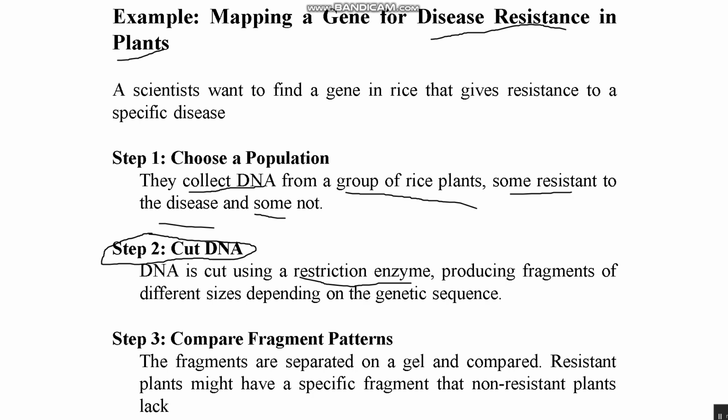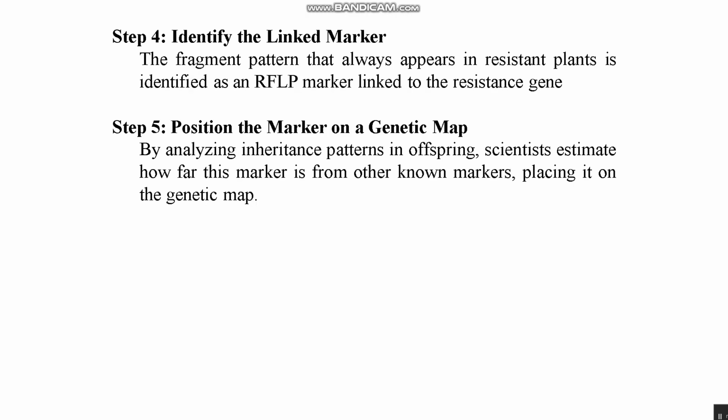Compare the fragment patterns. The fragments are separated on a gel and compared. Resistant plants might have a specific fragment that non-resistant plants lack. There may be a mutation in the resistant plants that gives different fragments not present in the non-resistant plants.